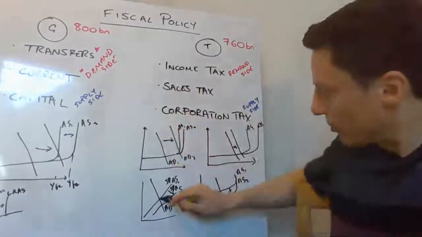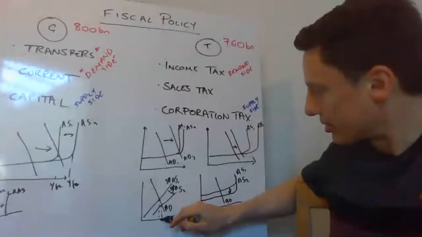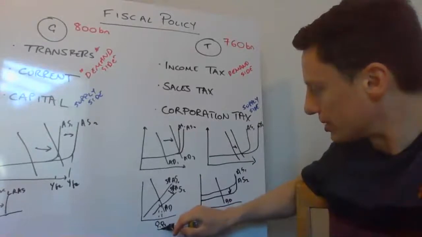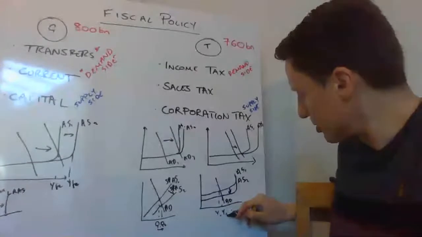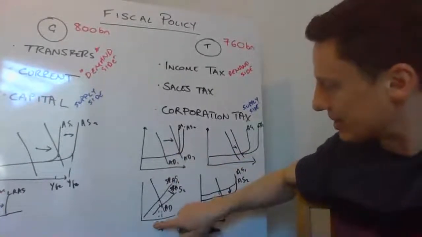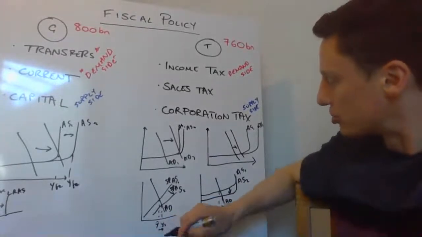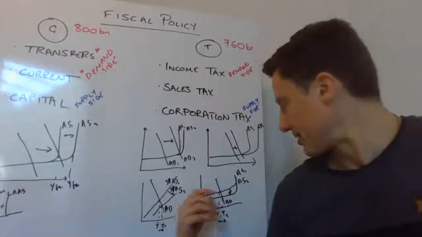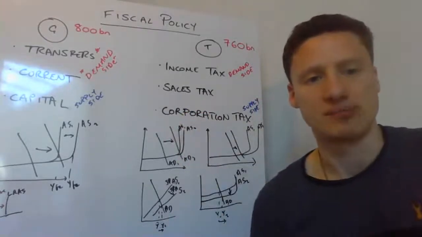So what have we got? Well, we've had an extension in aggregate demand from Q1 to Q2 in our micro diagram, and we'll do the same here, but in the macro diagram we call it Y1 to Y2. And if we're saying that this is now the classical macro, then that really should be Y1 and Y2 as well. The big impact here then, we did get an increase in real GDP.